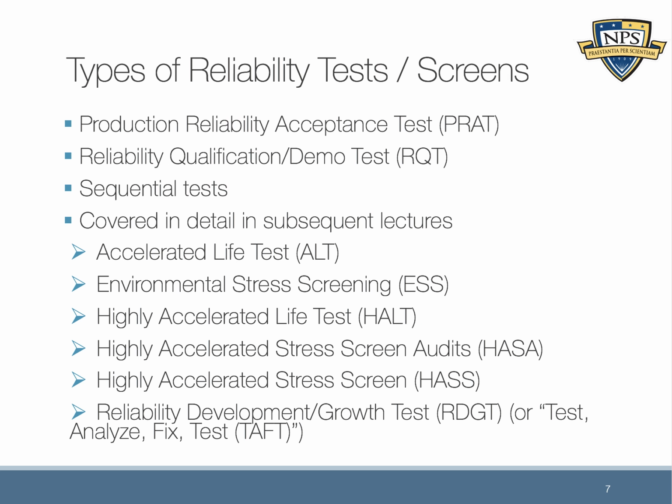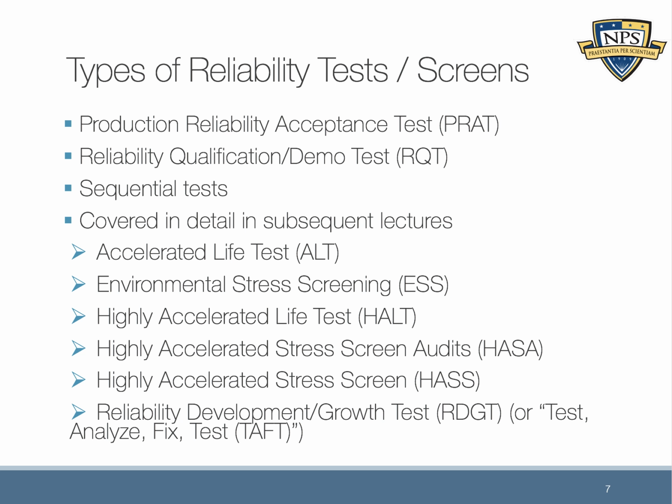So this slide talks about the different types of tests, and there are more than I've shown here. In fact, the next slide is going to show a slightly different version of this. But these are some of your primary types of tests. We'll talk about the PRAT, RQT, and sequential tests today. But accelerated life tests are an umbrella term for things like HALT and HASS.